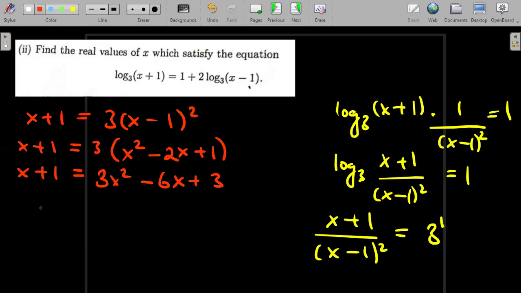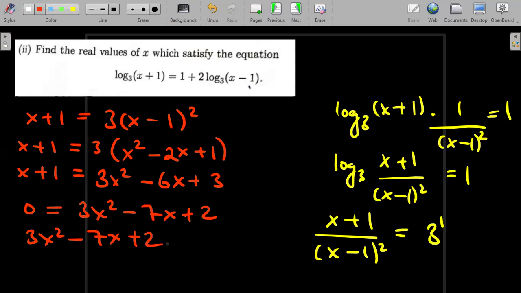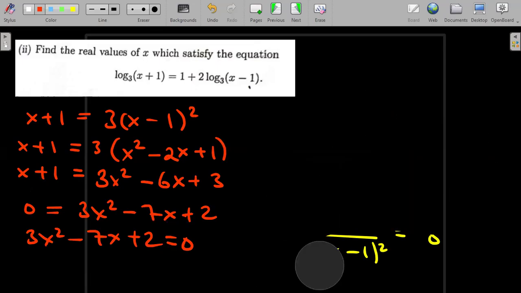Let's move everything to the right side, so 0 equals 3x squared minus 7x plus 2. So this is 3x squared minus 7x plus 2 is equal to 0. Then we can solve this quadratic equation.